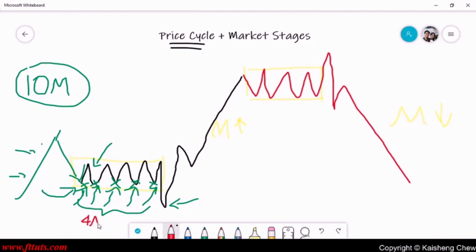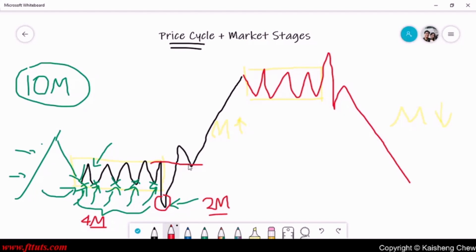But in their hands, they still have $6 million. So when they're doing the markup and markdown, they accumulate another $2 million. So it's 6 million now. Then after that, they mark the price up, break through the ranging here.